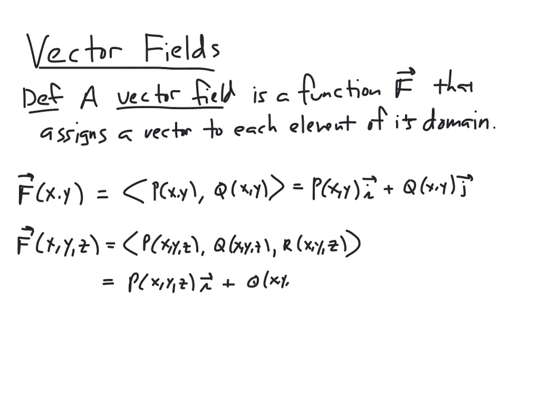And just like with regular vectors, there are times when each of these is preferred, depending on the context. Now these functions P, Q, and R that are the component functions for our vector field, these are called scalar fields.